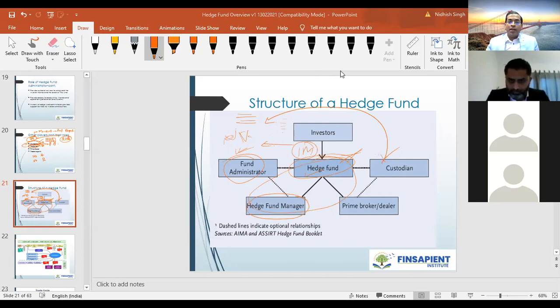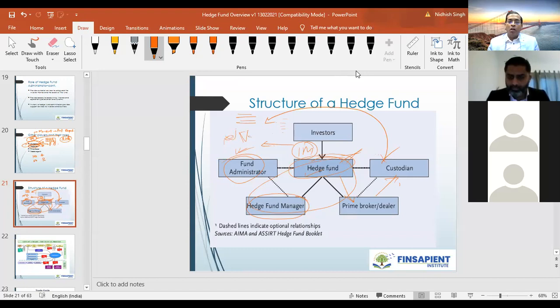Now, as we said in the earlier example, suppose Nihar is a hedge fund manager and he is giving the trade order to the prime broker every morning. The prime broker will be the one who will execute the order and, as we discussed earlier, will send one file to the custodian, and also confirm to the hedge fund and hedge fund managers.